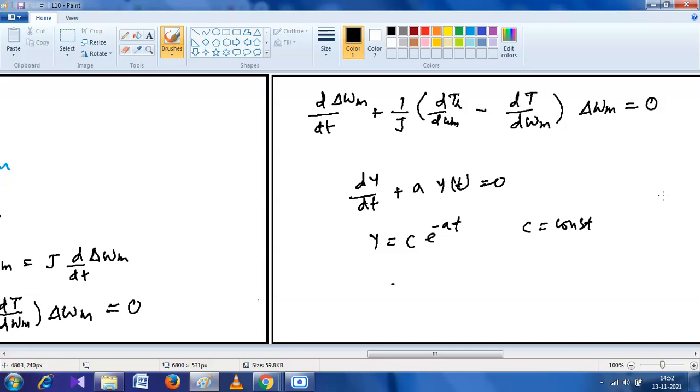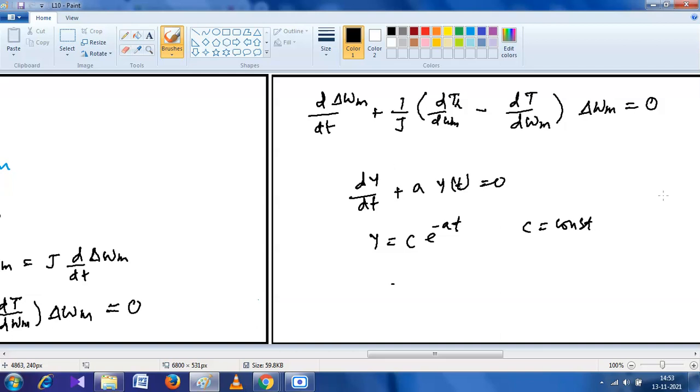This is a first order equation, and the solution of that equation is y is equal to c e to the power minus at, where c is a constant whose value depends on the initial condition. When I put the value of t is equal to 0, then what is the value of y at that time?